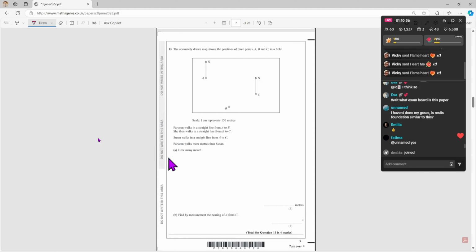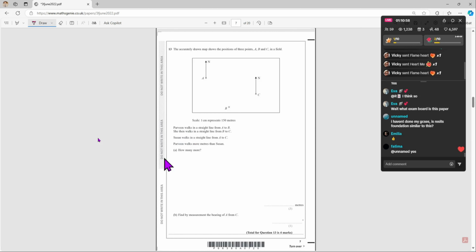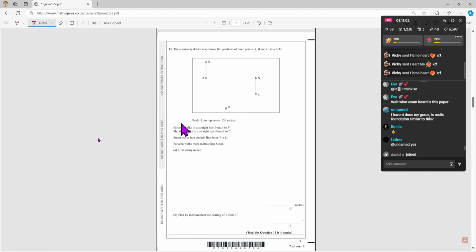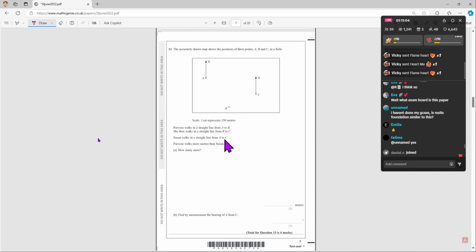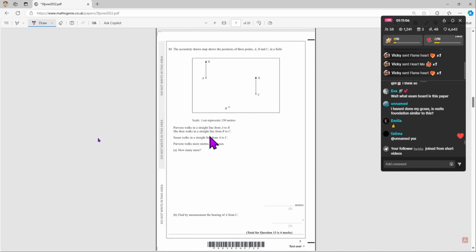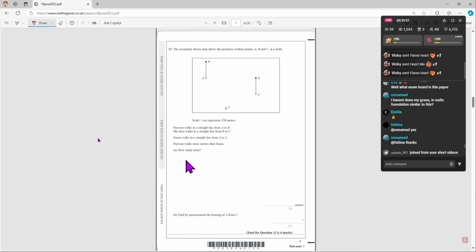Parveen walks in a straight line from A to B. She then walks in a straight line from B to C. Susan walks in a straight line from A to C, and then Parveen walks more meters than Susan. How many more does she walk?